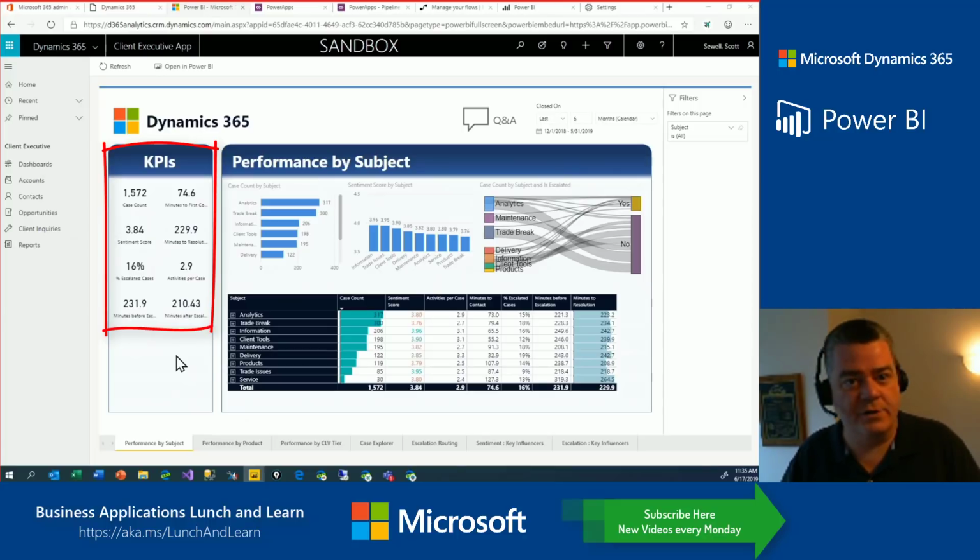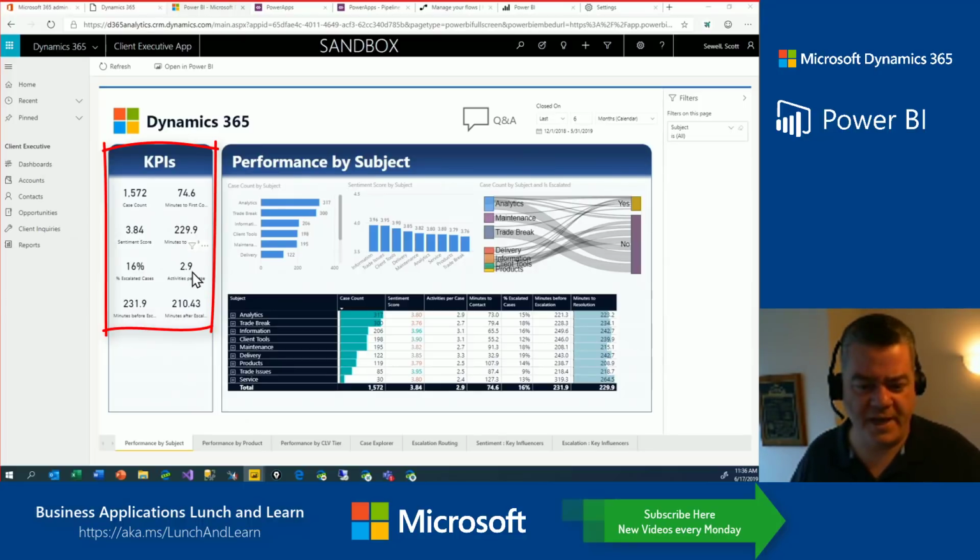Key performance indicators are those flags that tell our business decision makers whether things are going well or what needs attention overall. In this case, I can see very high level KPIs like the case counts or the minutes to resolution. That data comes out of Dynamics and is made available to the decision maker so they can understand how quickly we are getting to our customer.